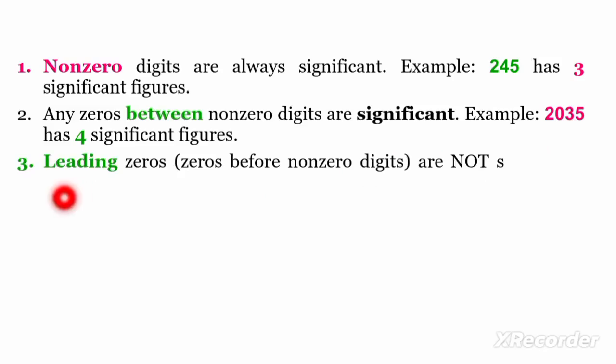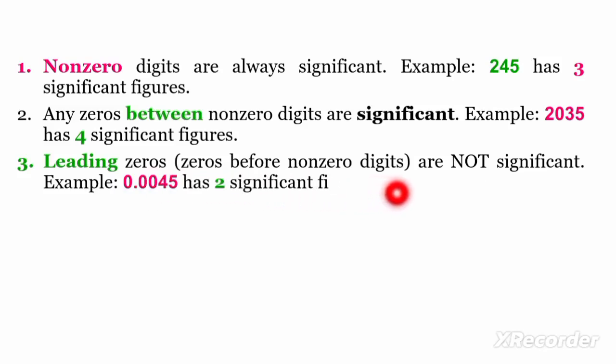Let us look at rule number 3. Rule number 3, leading zeros before non-zero digits are not significant figures. For example, 0.0045 has two significant figures. So the leading zeros, or the zeros at first, are not considered to be significant figures.